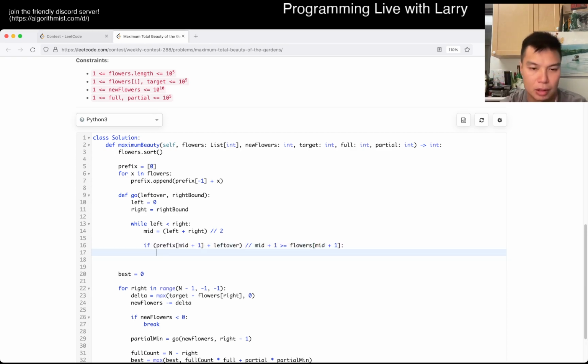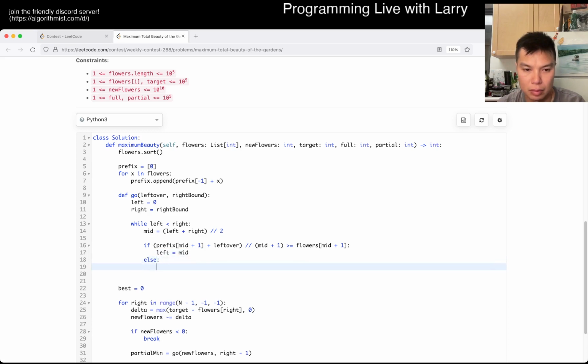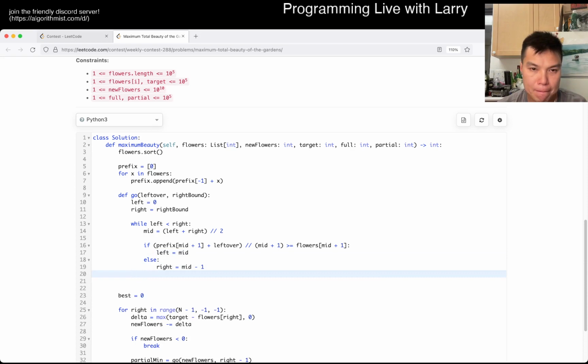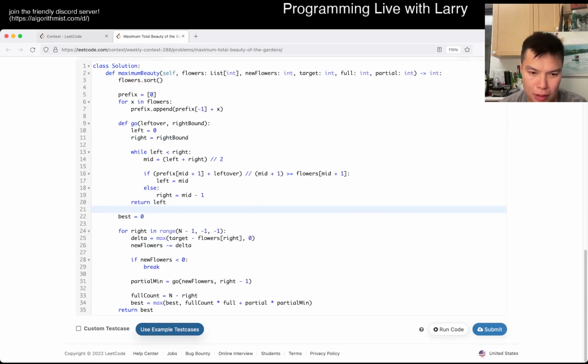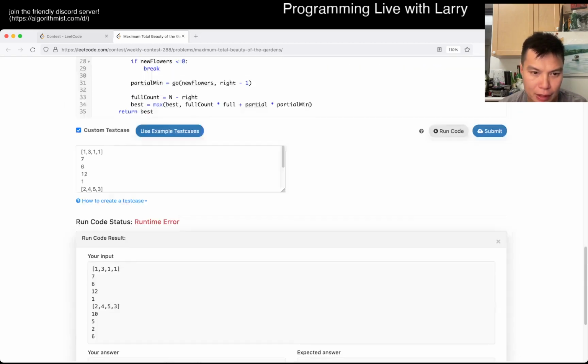So much potential for issues. I don't know. I mean, this is probably not right now, but I think the idea is something like this.